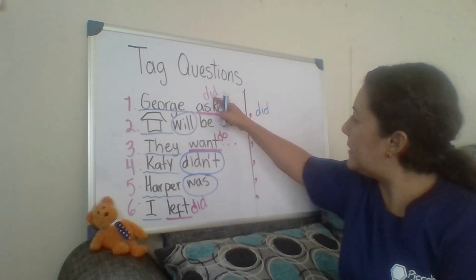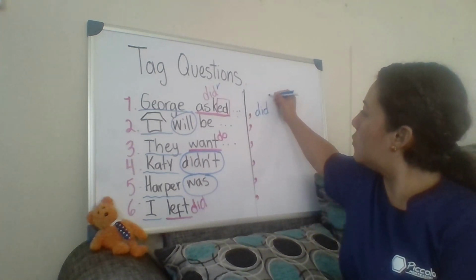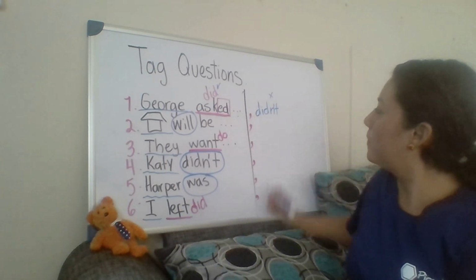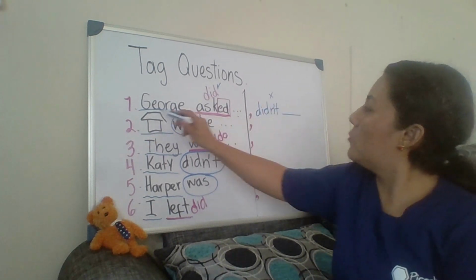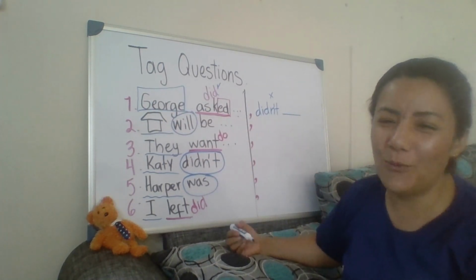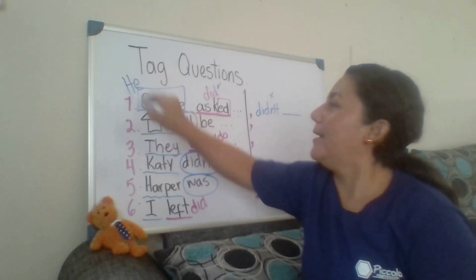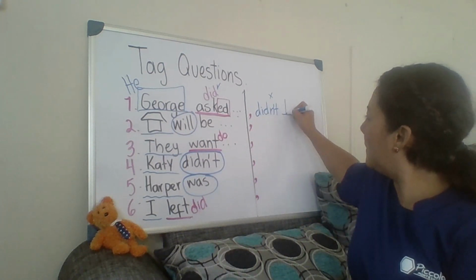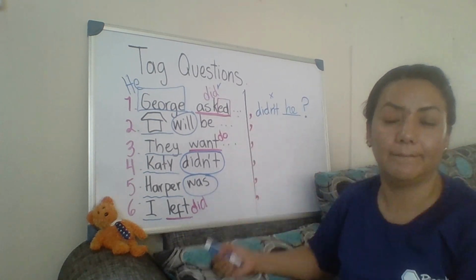Did is did. But if this is affirmative, this will be negative. So we say not. Didn't. Whoa, we need the same subject. Can we say didn't, George? No, we need a pronoun. So it changes and now it is he, because we're talking about a boy, a man. Didn't he? And the question mark. Simple.